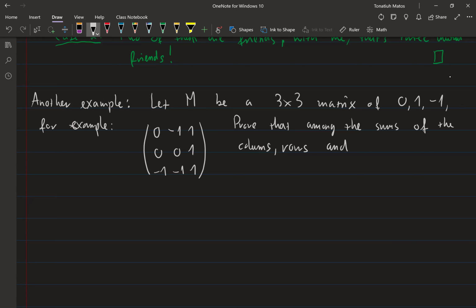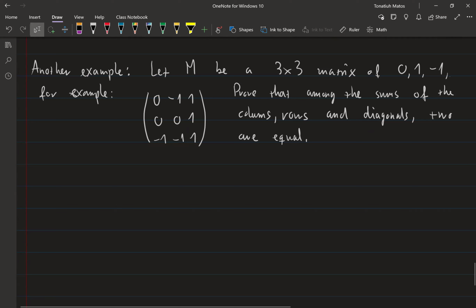And we add the diagonals too. And we get all these possible combinations of sums. And I claim that two of them are equal, no matter how we put the matrix. Now, let's prove this.